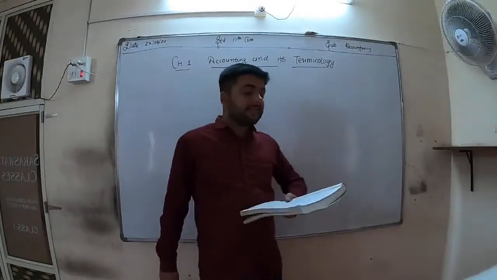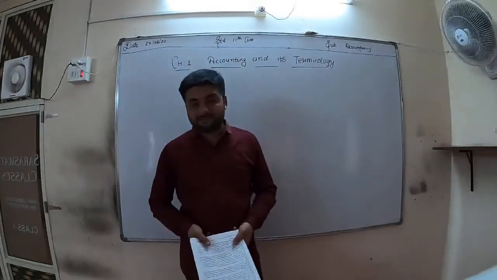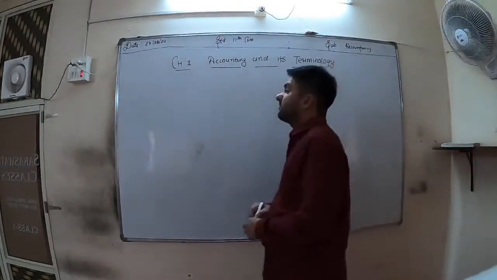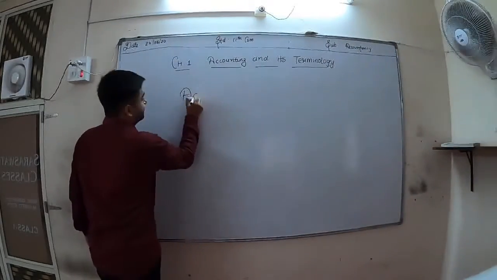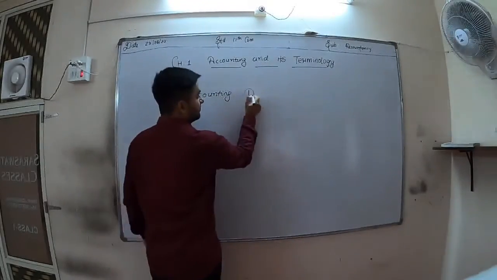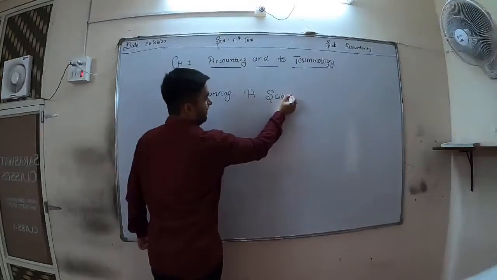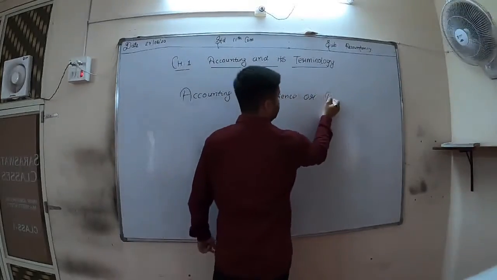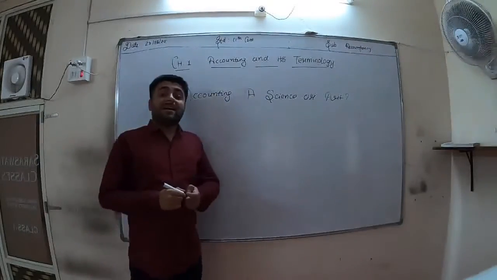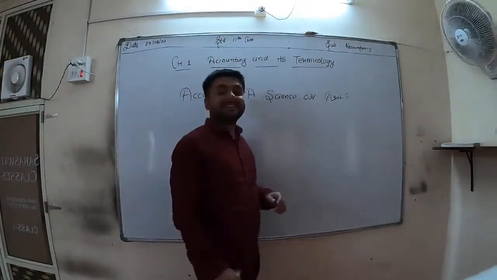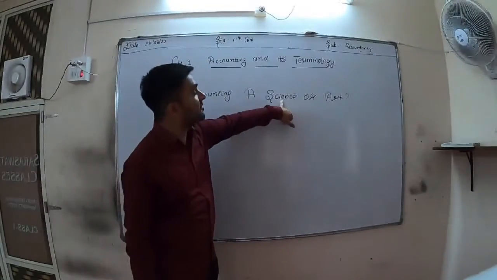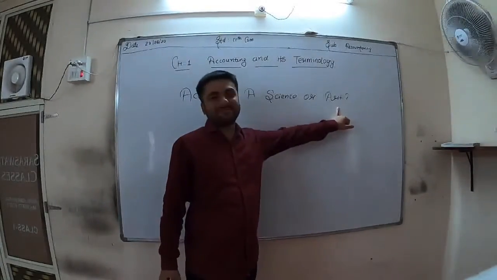Next they are writing, is accounting a science or art? Now some of you may be thinking that we are in the commerce stream, so why do we need to know whether it is a science or an art?